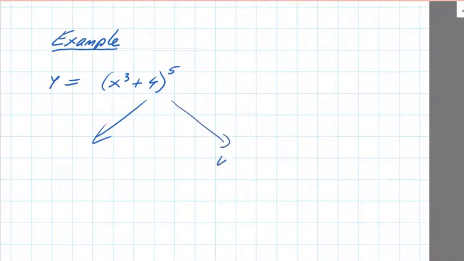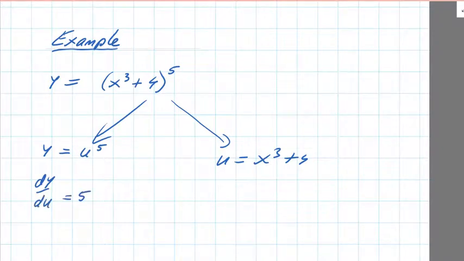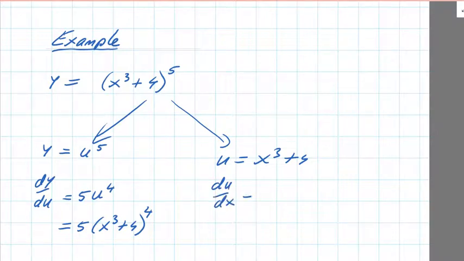So let u equal x cubed plus 4, which means y is now u to the power of 5. So over here, dy/du is equal to 5, bring down the power in front, and the power goes down by 1. And put back in what u was in the first place, which is x cubed plus 4, to the power of 4. Over here we have du/dx is equal to 3x squared.